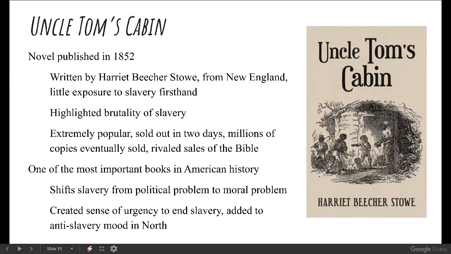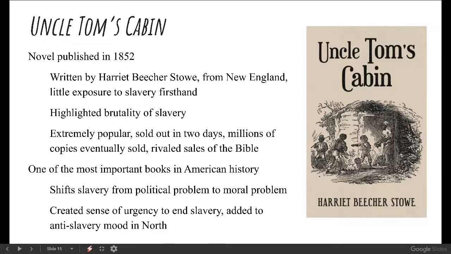All right. Another step towards civil war and people being super against slavery was this novel that was published in 1852 called Uncle Tom's Cabin. It was written by Harriet Beecher Stowe, who was a white woman from New England. She had very little exposure to slavery firsthand, but she did hear the stories.